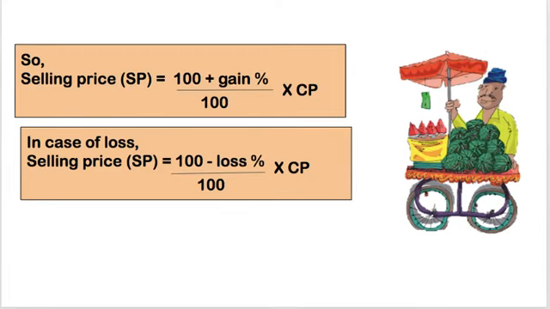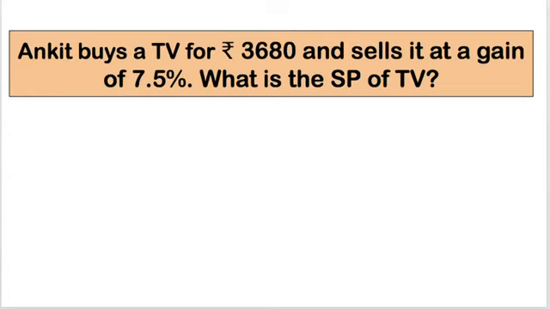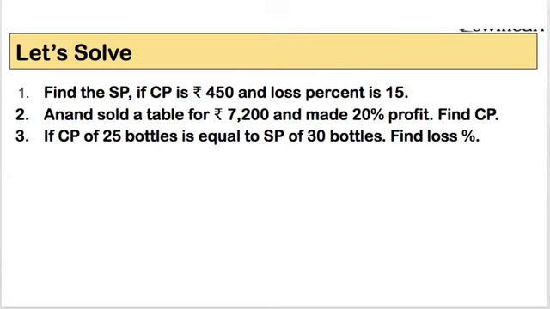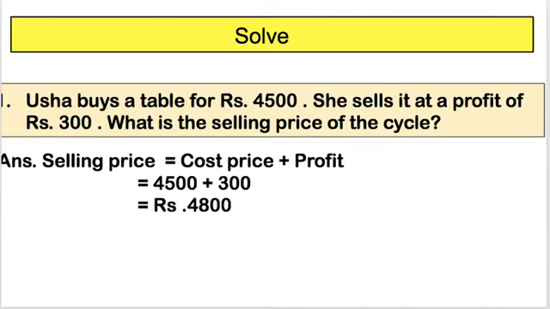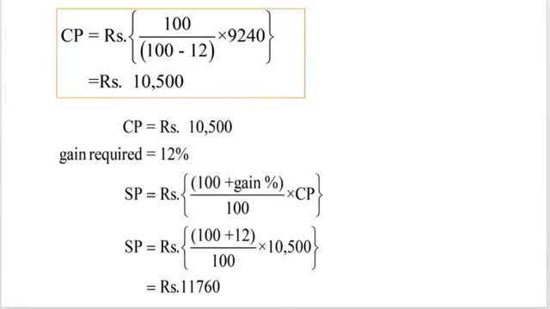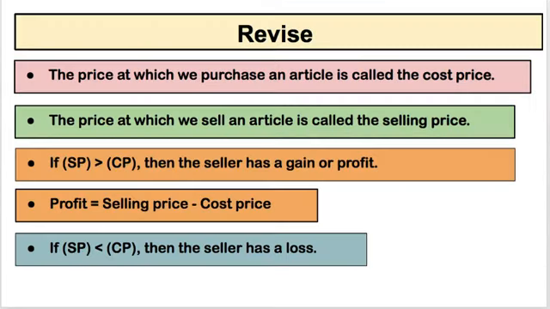I suppose it is very much clear. You can use the unitary method also, but just to save your time, it is better that you just remember these formulas. Then, after these, there are many questions given for you to solve. Just try to solve them, and wherever you face any issue, any problem, we will discuss them in the class.